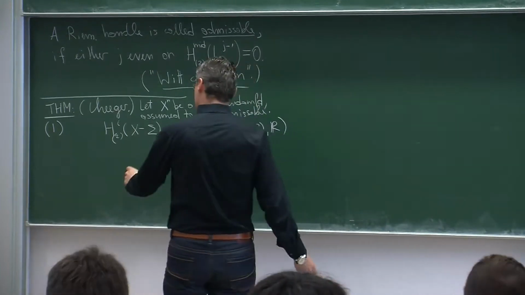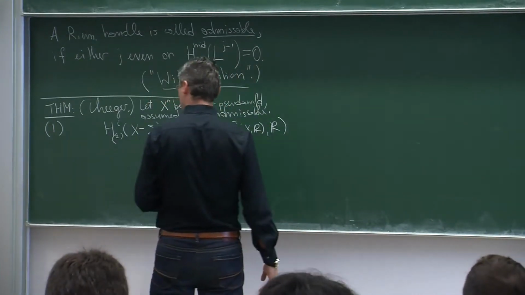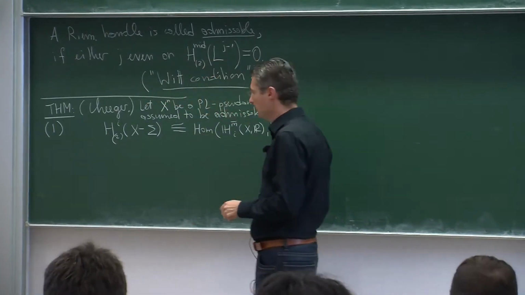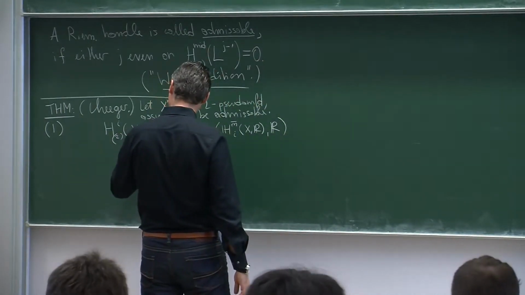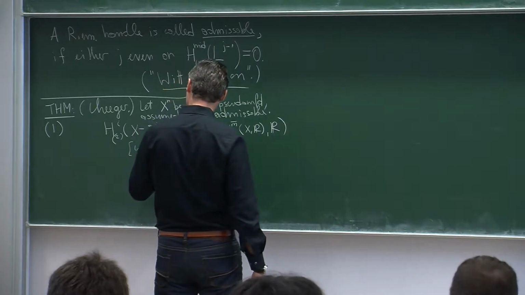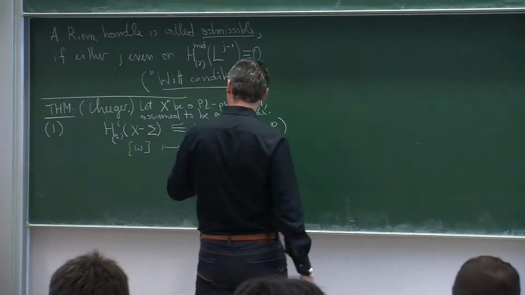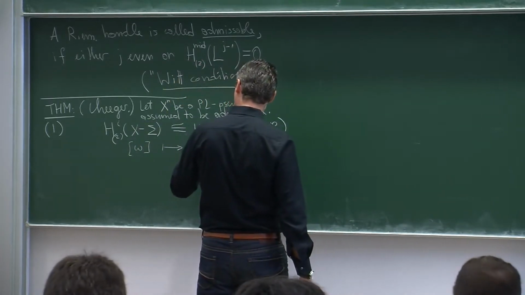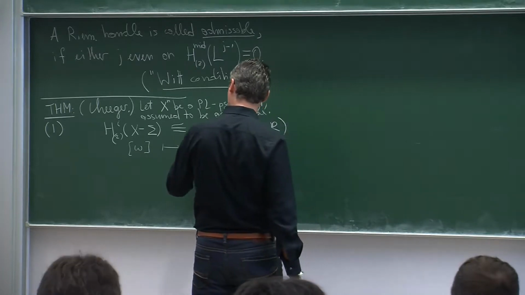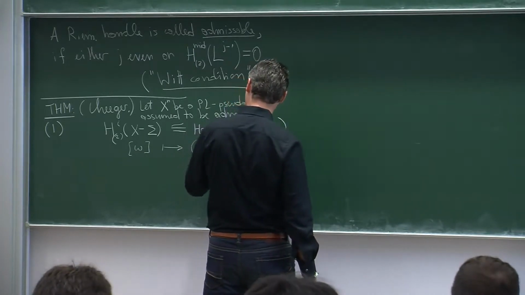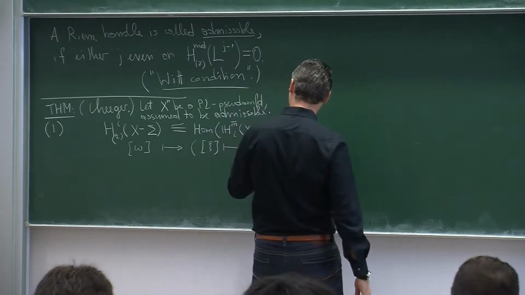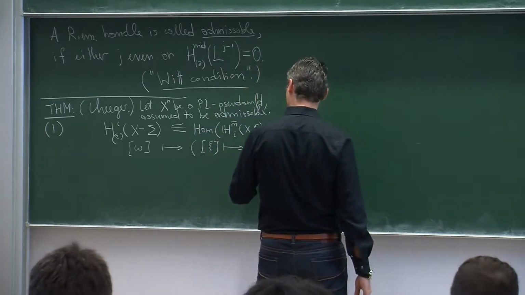Here you essentially do the usual thing, which was explained yesterday by Jochen. You take an L2 form, and you map it to the linear map which sends an intersection chain to the integral of omega over that chain.